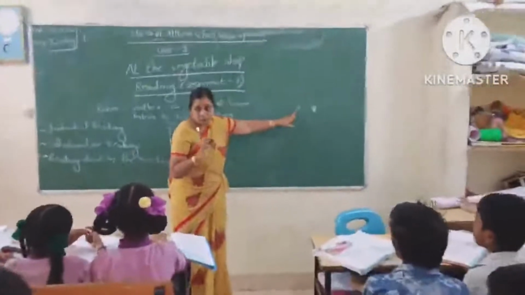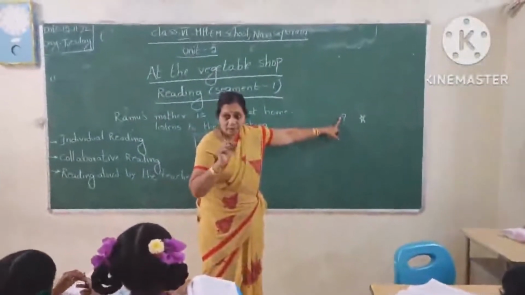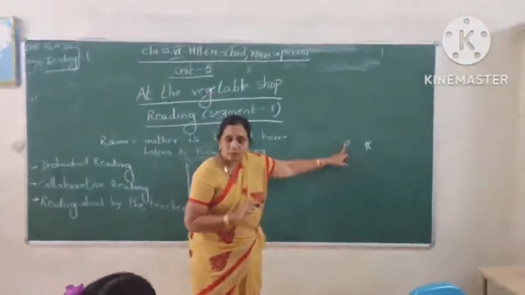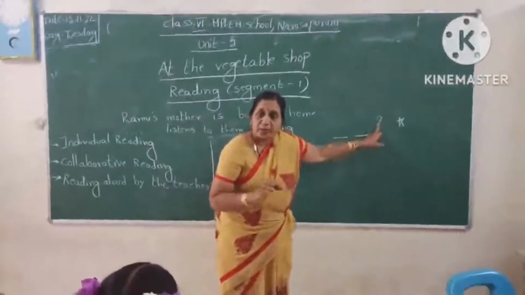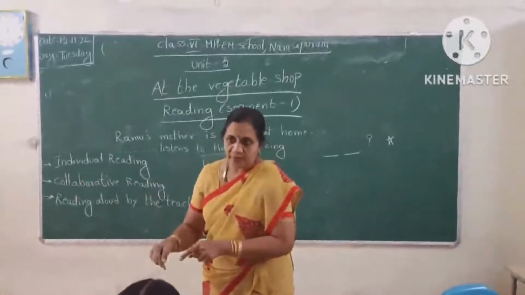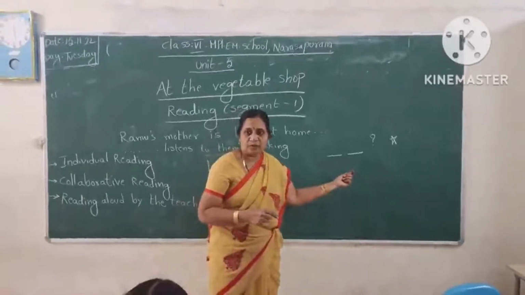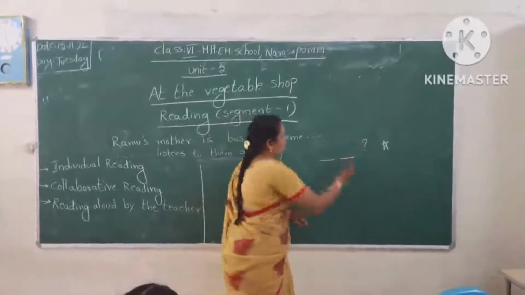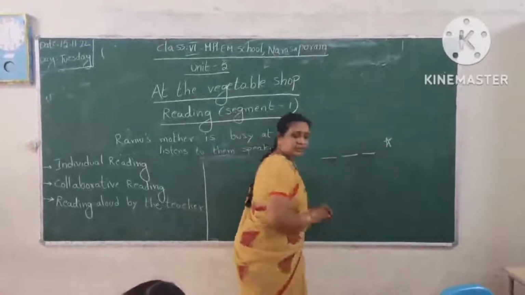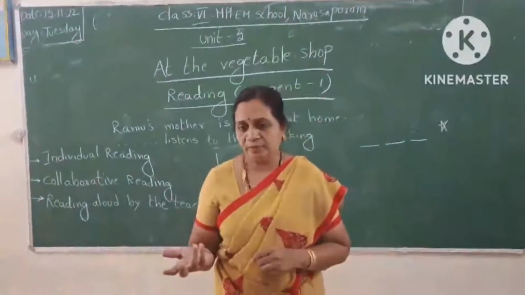Under some words you kept question marks, which means those words you don't know how to read. Now when you sit in groups, ask your friends how to read that word, how to pronounce that word. After getting that, you erase the question mark and underline it. That you have to do in groups.